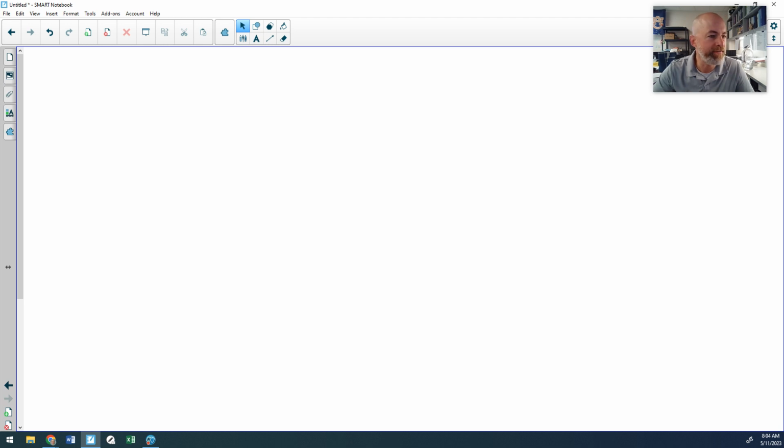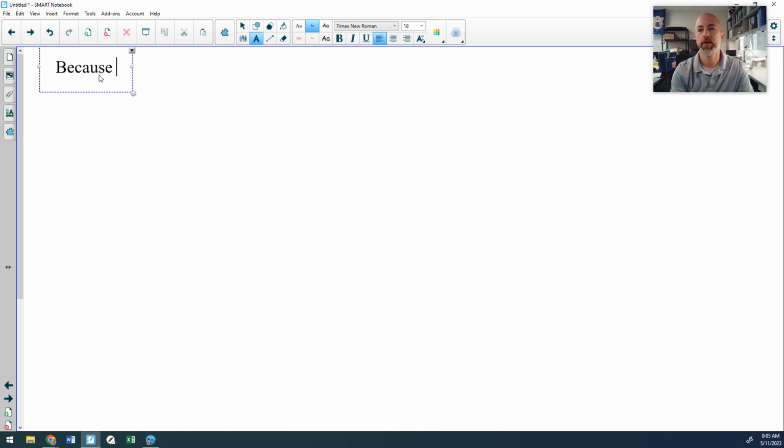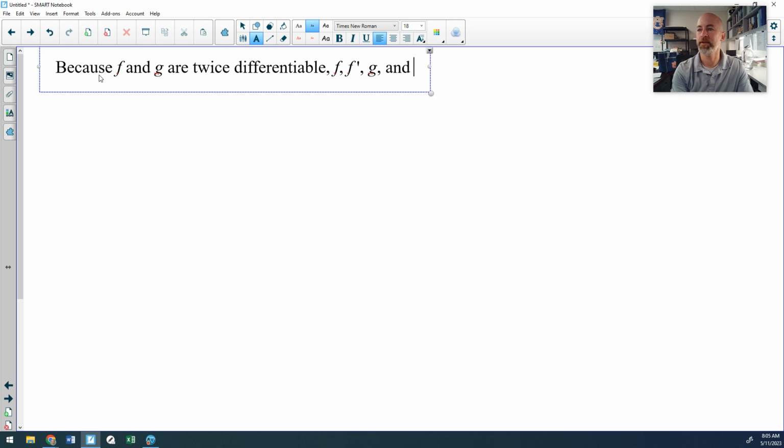Okay. F and G are twice differentiable. So I'm going to go ahead and make a note to myself right now because this may come into play later. They tell you that F and G are twice differentiable. So because F and G are twice differentiable, F prime, G, and G prime are all continuous.